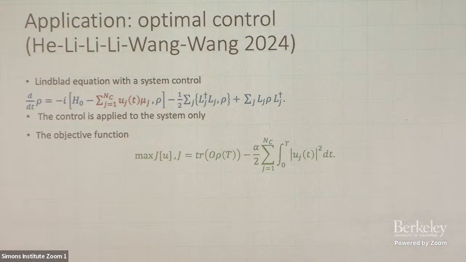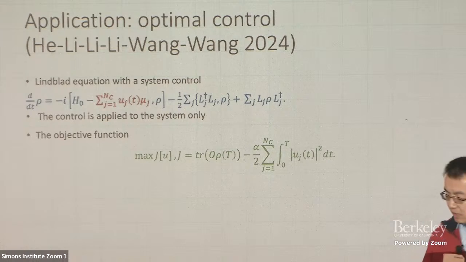Here, we pose this as a maximization problem. You maximize the expectation at time capital T. Now, the control problem itself doesn't limit the kind of control signals. So in order not to have weird, crazy signals, we put a regularization term right here.